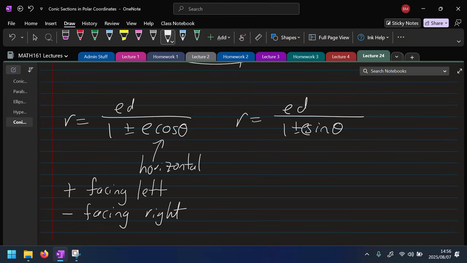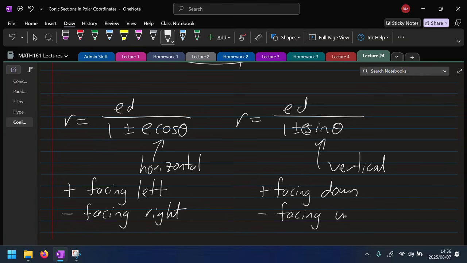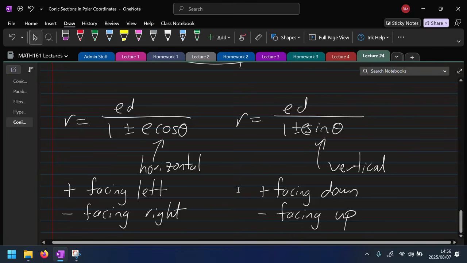Yep, and then similar on the other side, the fact that there's a sine here, that means it's vertical. And if it's a plus, it will be facing down. And if it's a minus, it's facing up. Okay, so you can go back to what we did for the parabola. So facing up and down, facing left or right. You got the same 4 cases.